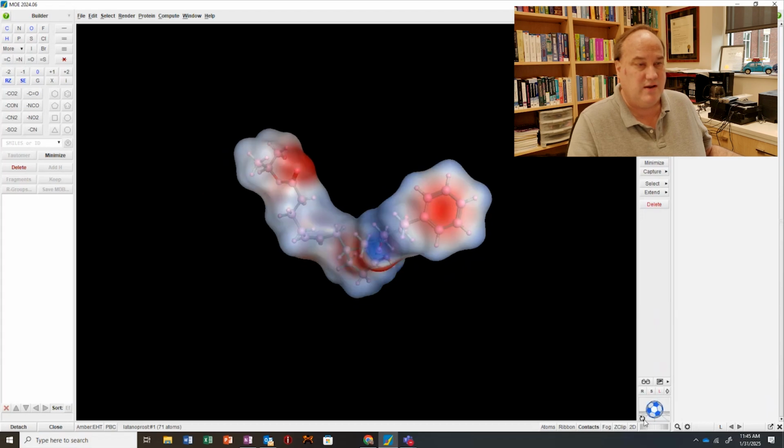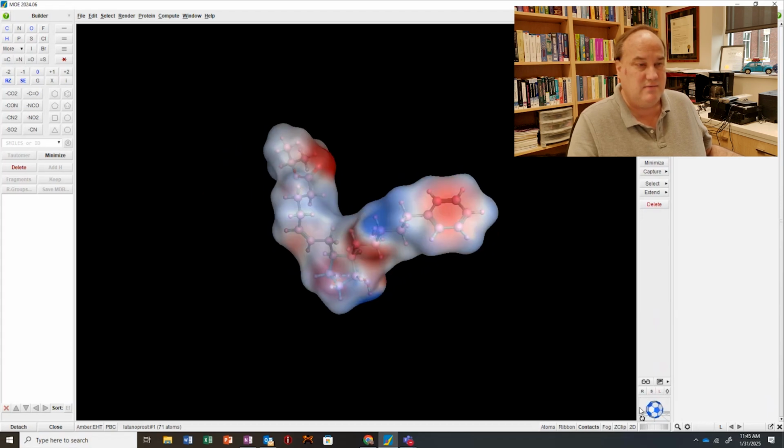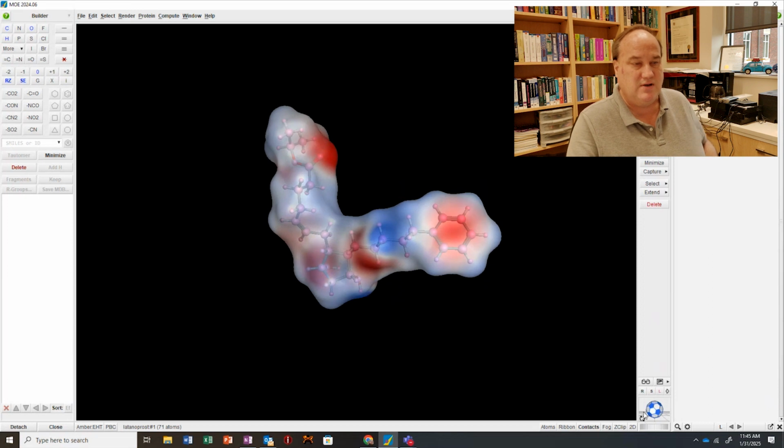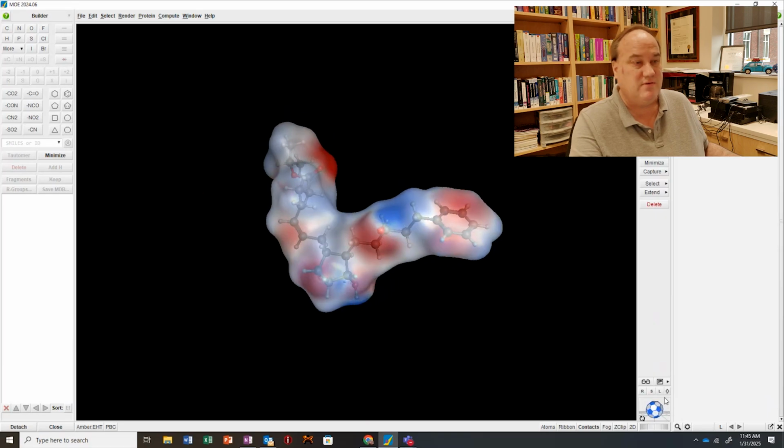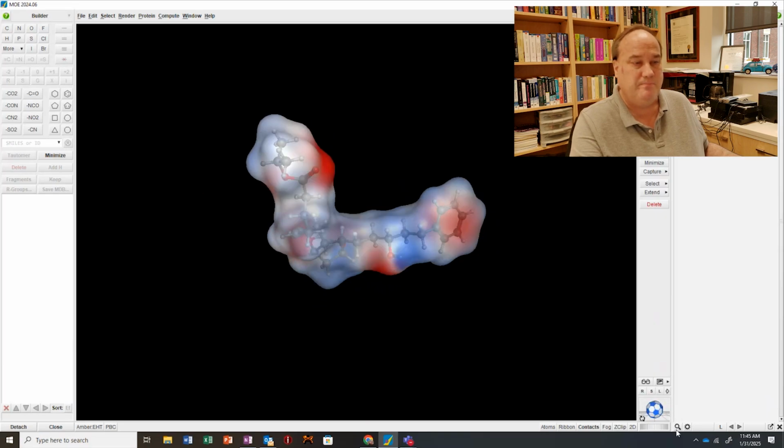So that phenyl ring is fairly electron rich, so it has a partial negative charge. Believe it or not, it looks hydrophobic, but that phenyl ring could actually serve as the hydrogen bond acceptor. And there's a lot of literature that suggests phenyl rings can serve as hydrogen bond acceptors.